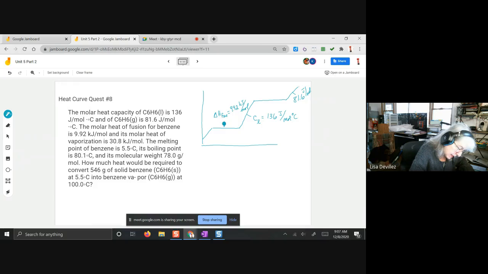And the vaporization, so delta H of vaporization, is 30.8. Watch the units in this one, because we have kilojoules on our delta H's and joules on our specific heats.